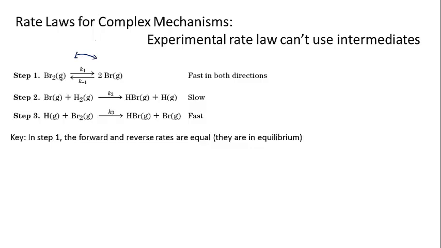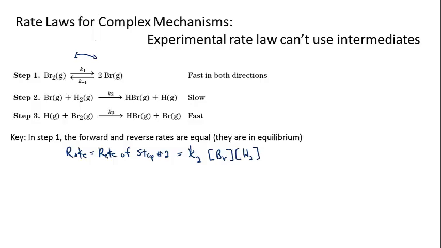And when they come into equilibrium, the rate going forward is equal to the rate going backwards. The rate of the reaction is going to equal the rate of the slow step, which is the rate of step number 2, which is going to equal k2, the rate constant for that step, times concentration of Br times concentration of H2.